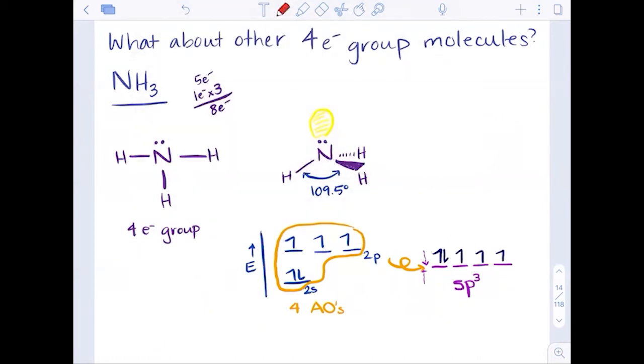We can predict that nitrogen has a lone pair looking at valence bond theory and makes 3 bonds. All of those 4 atomic orbitals went to make 4 hybrid atomic orbitals, and now we have 4 degenerate orbitals that can go into bonding.